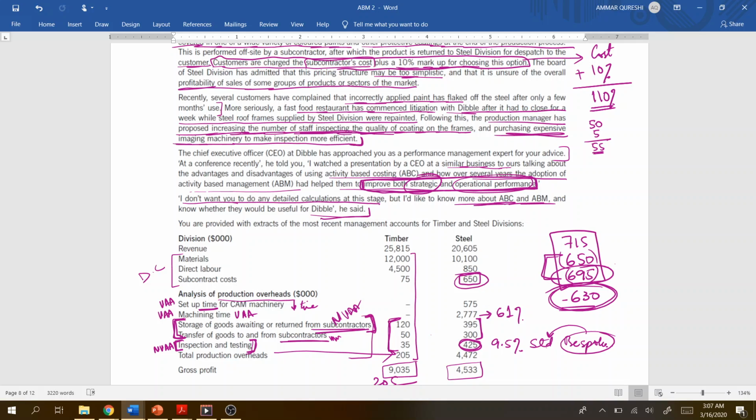You may write redesigning or restructuring here, or we can increase the selling price so that we can reduce this gap. So repricing can be done here in order to reduce this cost.